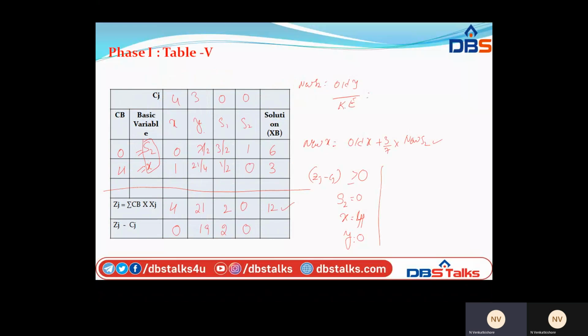The solution we are having, so this is not the solution. These are the solutions. Sorry, x is equal to 3, S2 is equal to 6. These are the solutions. These are the coefficients.